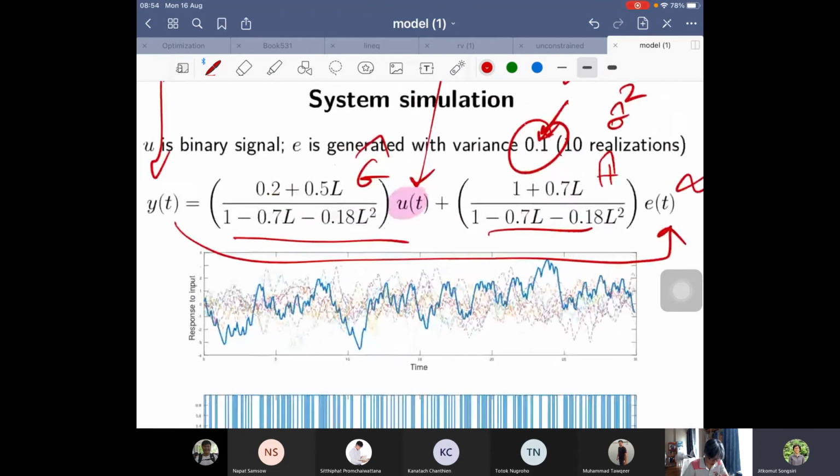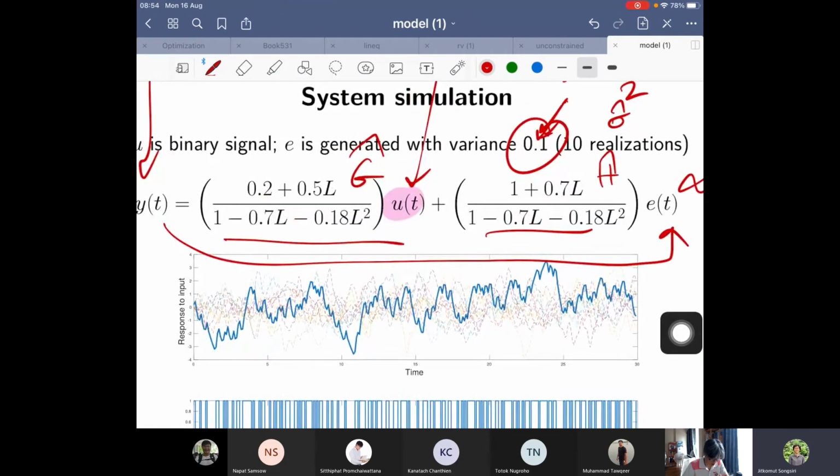In this picture, I simulate; the dashed lines are noise realizations. You see that as you generate it randomly, the pattern of the noise has different sample paths, different realizations all the time. The bold line is a response from GU.